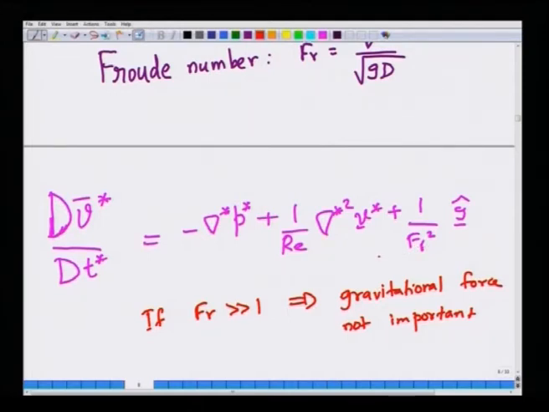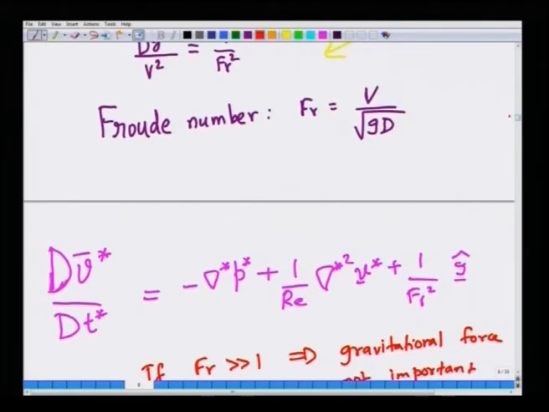So, in the limit of large Froude number, the Froude number is essentially a ratio of inertia to gravity. How do you find that? You can simply multiply both the numerator and denominator, so let us consider Froude squared. Froude squared is V squared by g D.